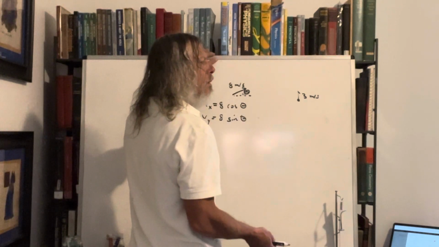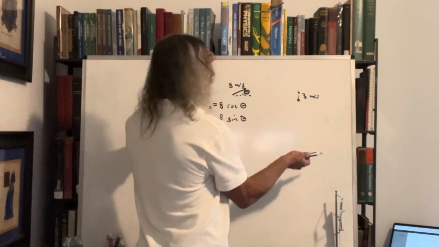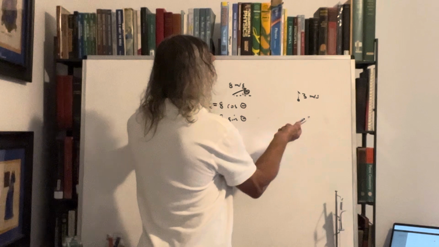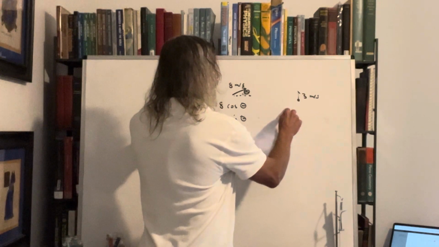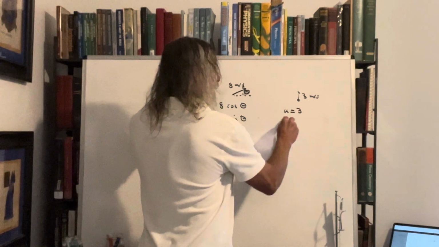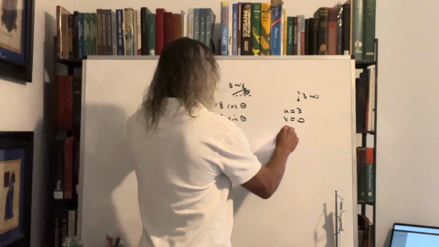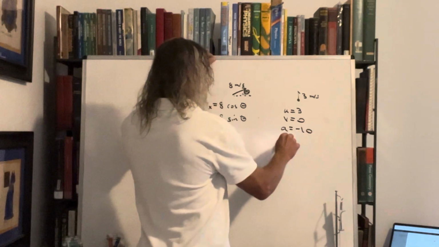How long will it be in the air? How high does it go? Let's see what we will need for the other parts. So for this, we got initial velocity is 3. When it gets to the top, it's 0. Acceleration, they say we can use -10.